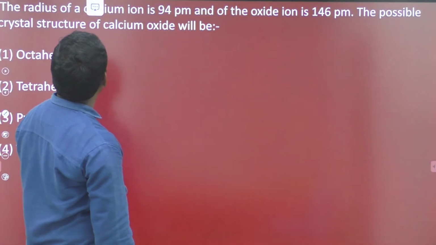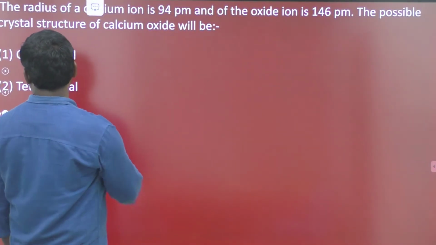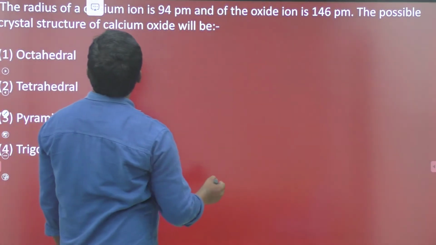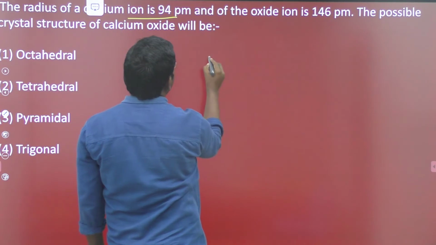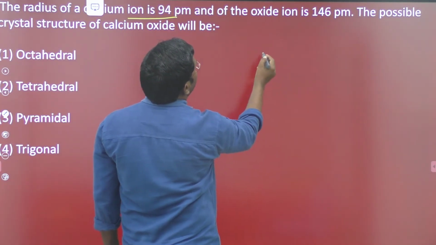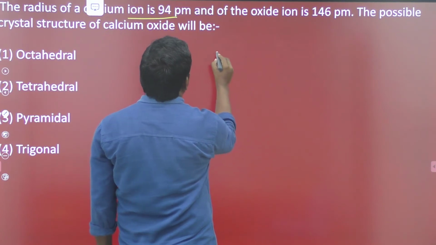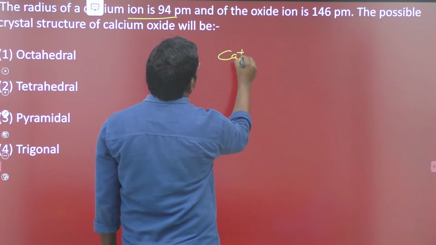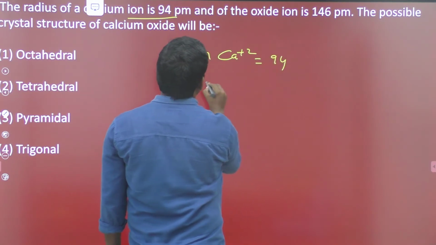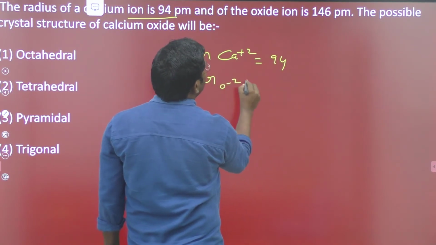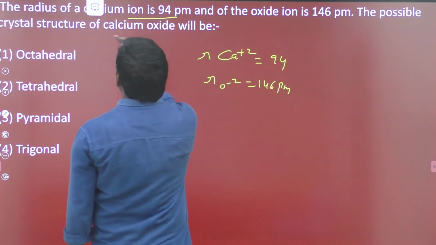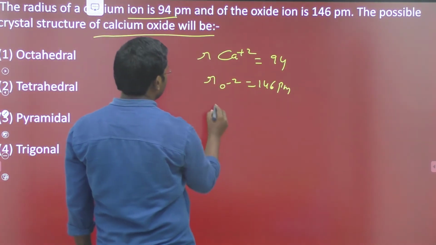And next one: the radius of calcium ion Ca2+ is 94 picometer, and the oxide ion is 146 picometer. The possible crystal structure of calcium oxide will be?